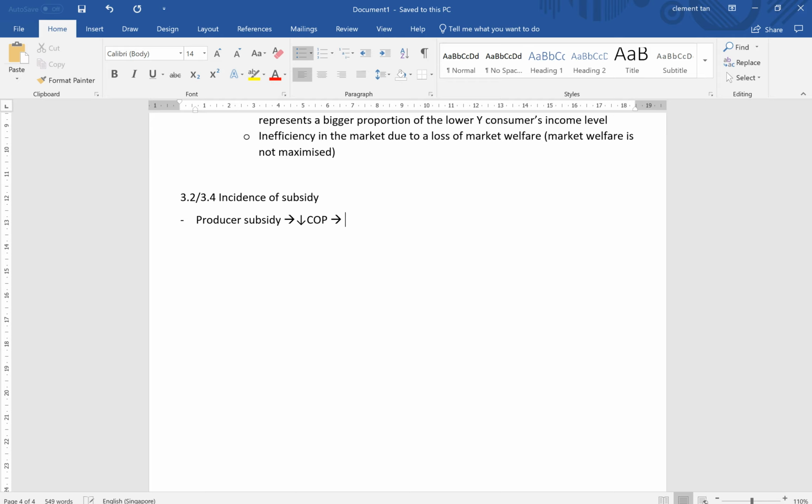So it leads to an increase in profitability, ceteris paribus again, and it leads to an increase in supply at every given price.